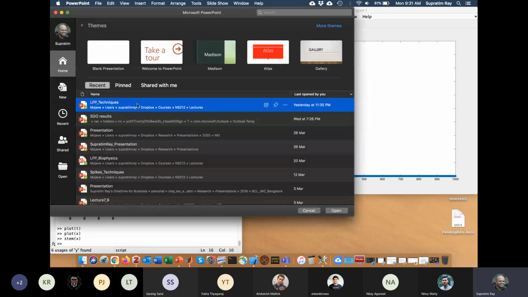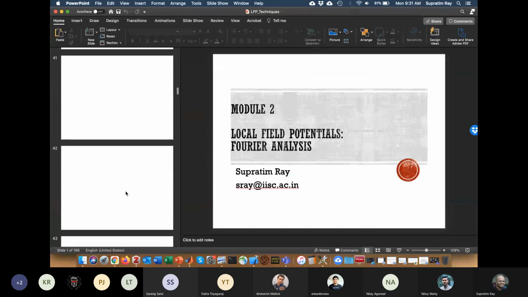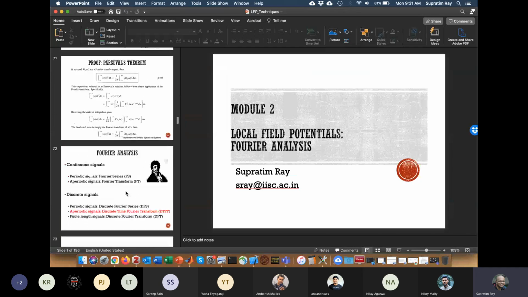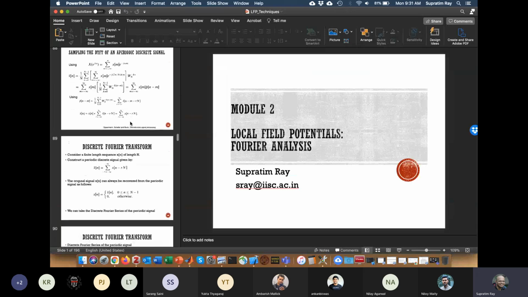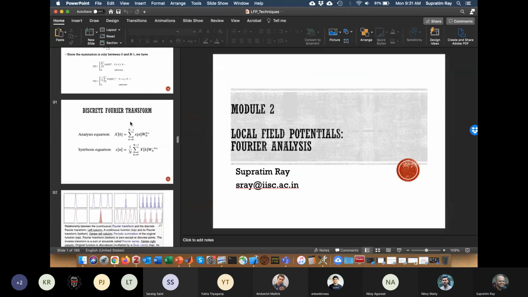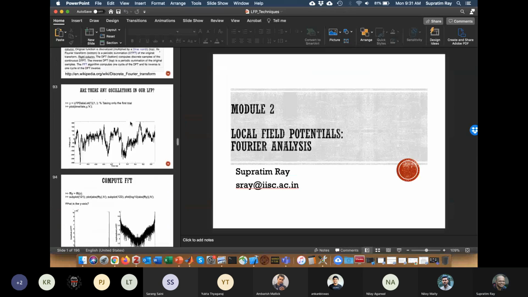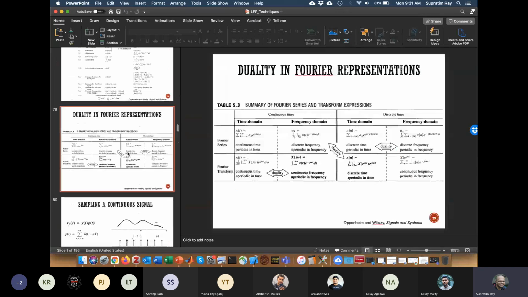If you remember the formula here and apply the shifting theorem, so let's look at the formula.